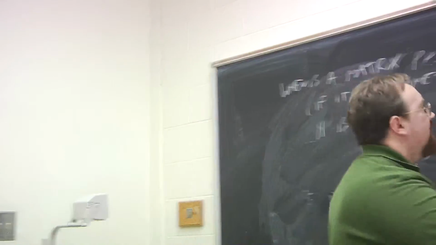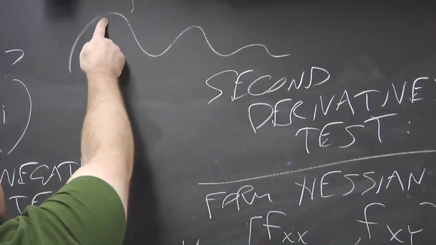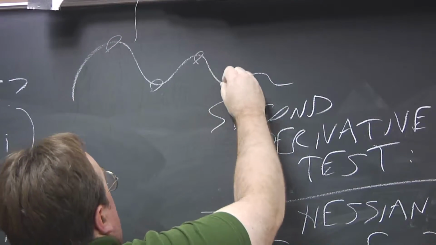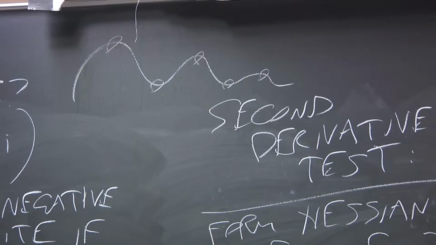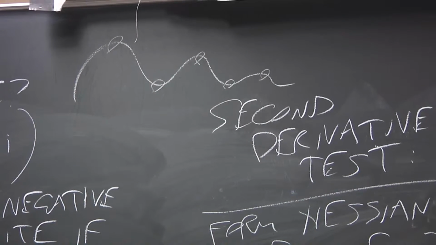So you could have a situation like this. All right, here's the absolute maximum, but here are several local maxima and minima. So this approach will find all of those, as long as you can find all the critical points, where the gradient is equal to 0.